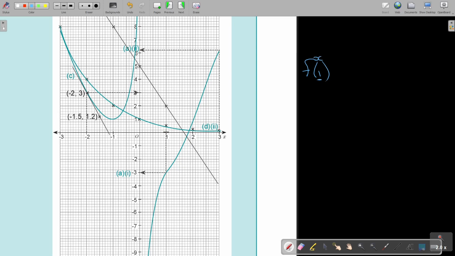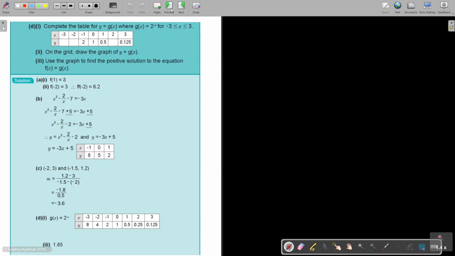Then you just go down, and as soon as you touch the graph, you go to the y-axis and then you read it down. And that will be -3. I think I just typed it incorrectly here. So it's not 3, but it's going to be -3.